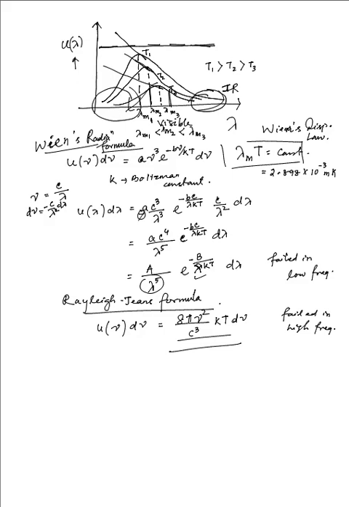So it starts off like this, it goes on increasing, and with this formula it would have continued in this fashion, but as it approaches the ultraviolet region, it drops down, and that is what is termed the ultraviolet catastrophe.